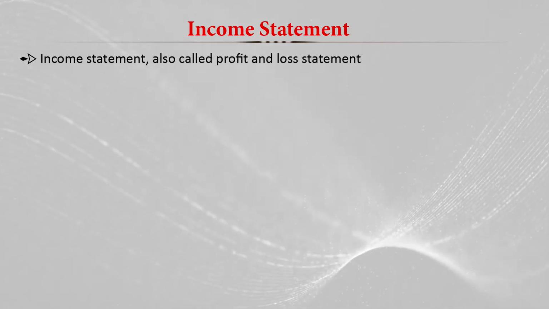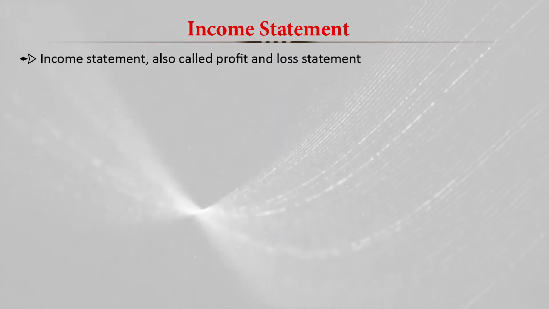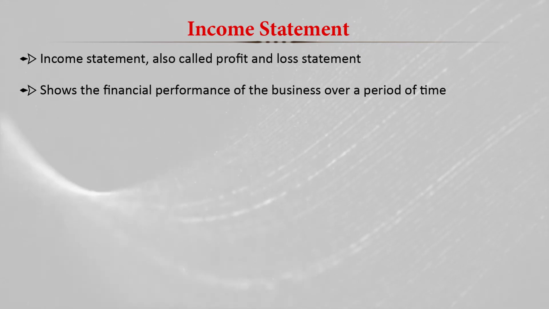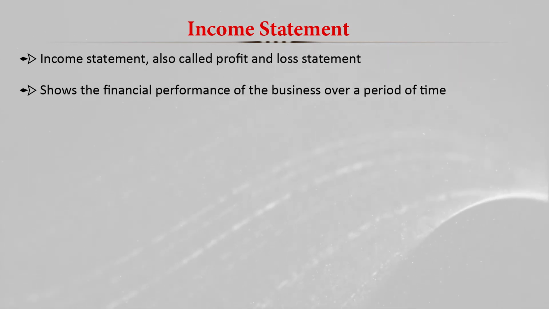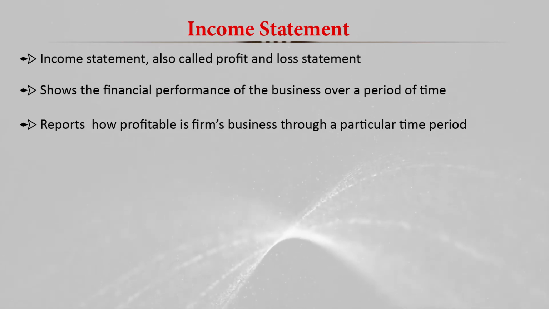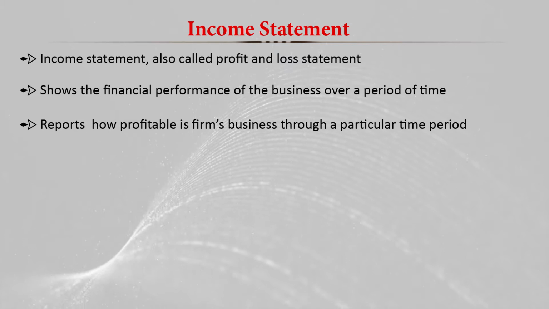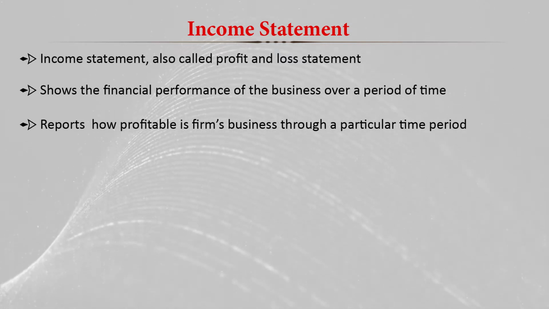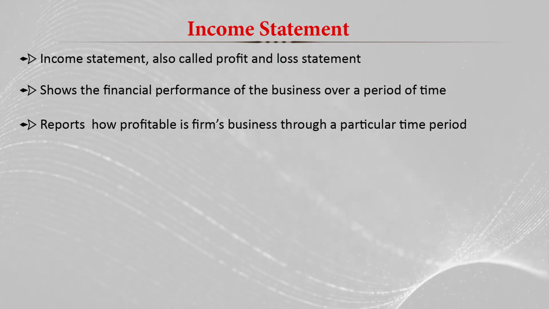The income statement is also called a profit and loss statement, and it shows the financial performance of a business over a period of time, say one year or a quarter. It reports the profit of a business for a particular time period, that is, how profit is being generated in a business.